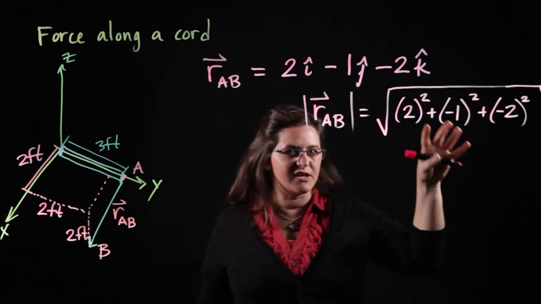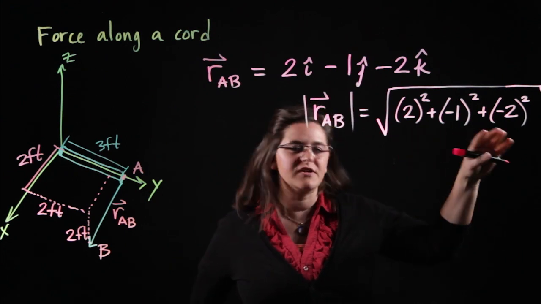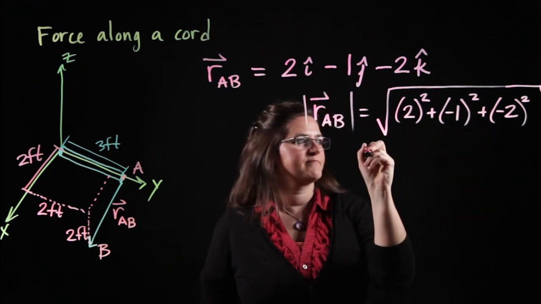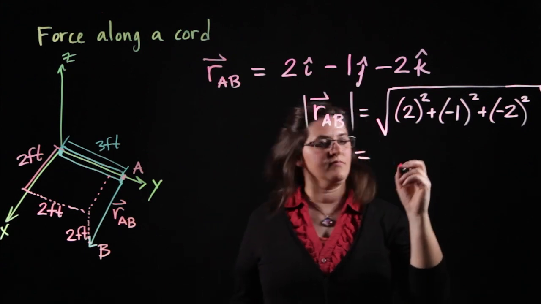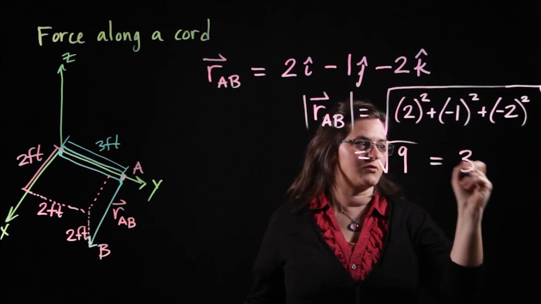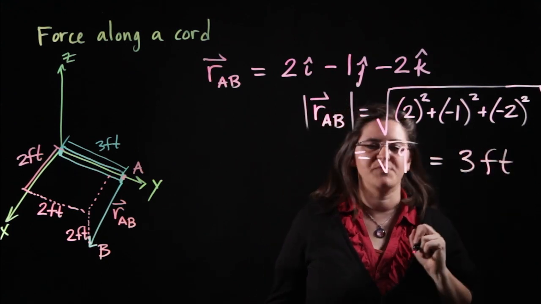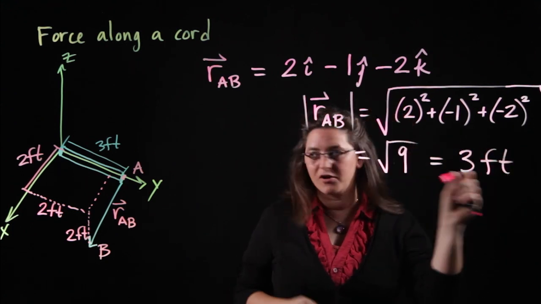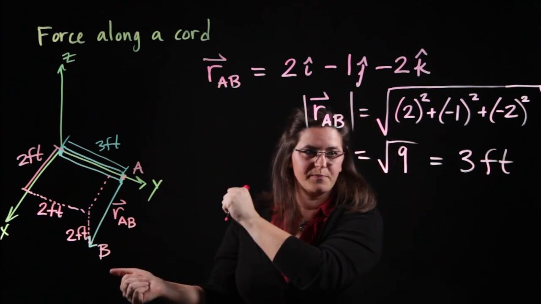And remember that even the negative signs are squared here, so everything inside is going to be positive. And you get the square root of 9, in other words, 3, and let me add the units back in. And we have a cord that's 3 feet long because we're actually talking about a physical cord.